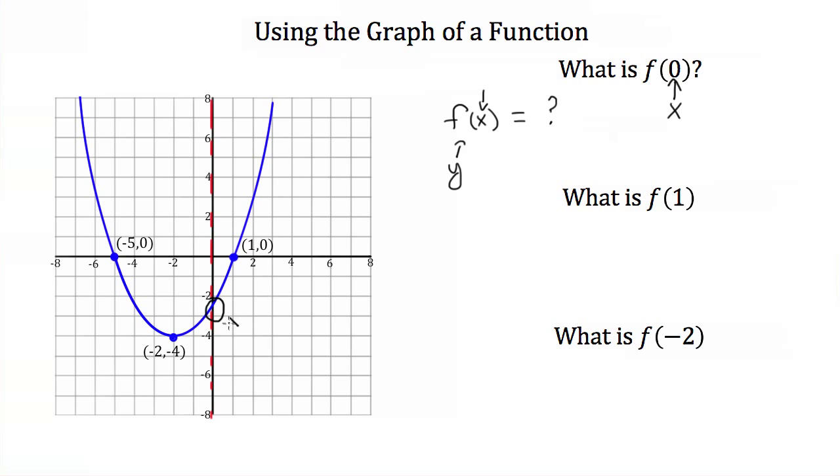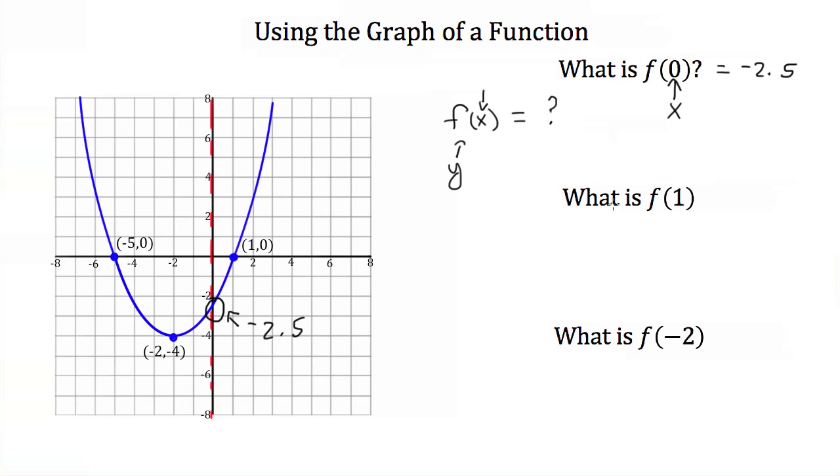This point on our graph has an x value of 0 and a y value of about negative 2.5. So our function value when x is 0 would be negative 2.5.